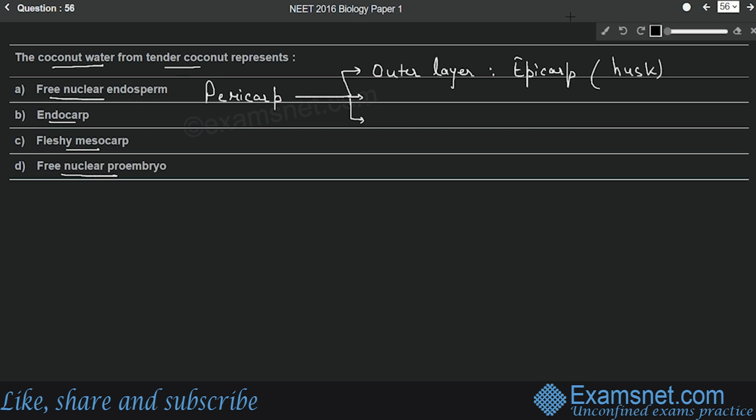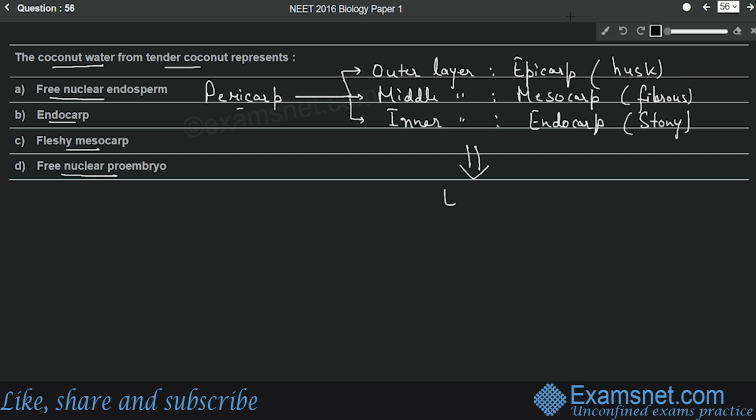Okay. Then the middle layer consists of fibrous part that is known as mesocarp. Okay, this is fibrous. And finally, the innermost layer is known as endocarp. Inner layer is known as endocarp. And this is the toughest part or the stony part of the coconut. Okay. Now, when we move inside, then inside the pericarp, we'll find the endosperm.